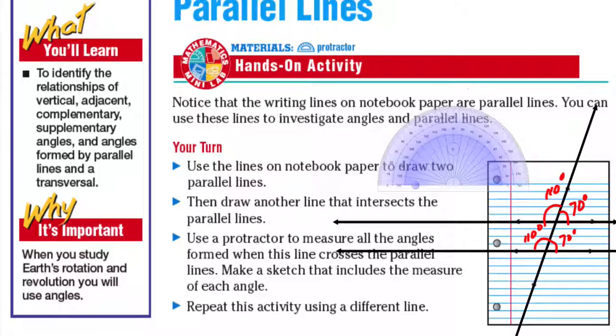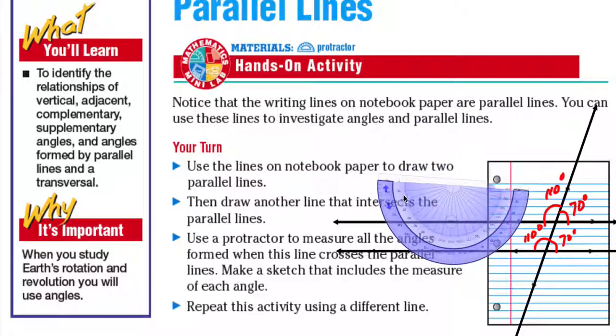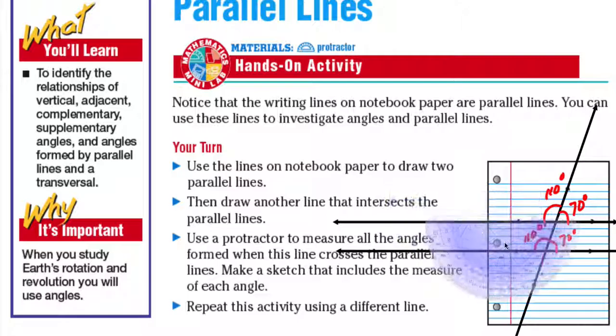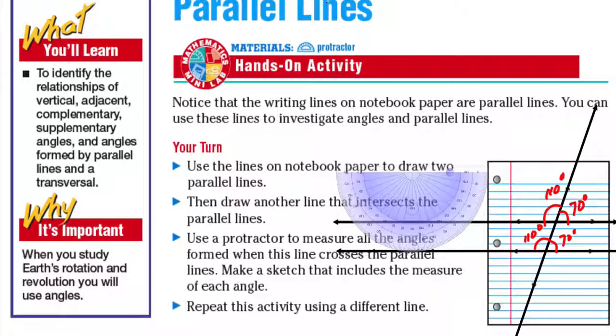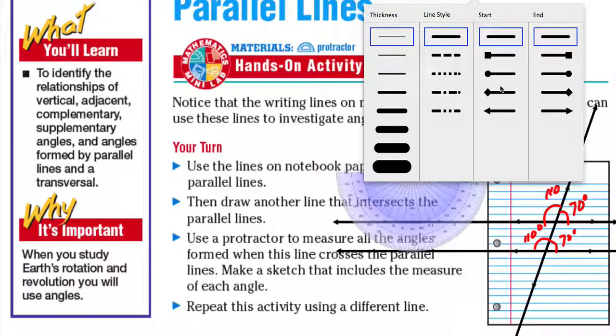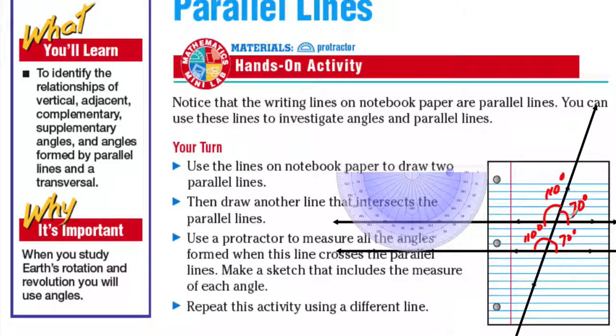Now if I turn my protractor around so that I can measure the bottom angles, this angle right here is 110 degrees. Let's make that line smaller so it'll fit. So this is 110 degrees as well.